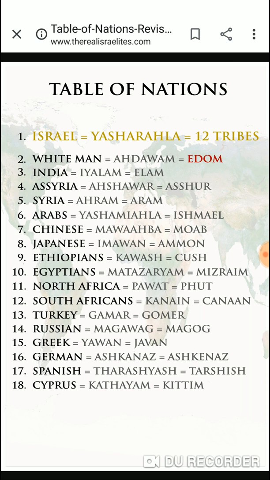Some charts of nations will have the grouping of the nations by brothers. You know, the Shemitic groups of people, the Japhetic groups of people, and then the Hamitic groups of people.